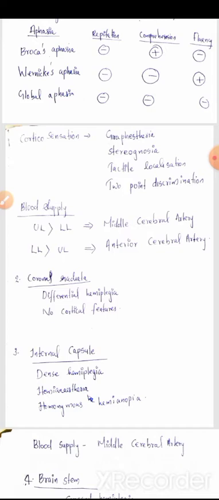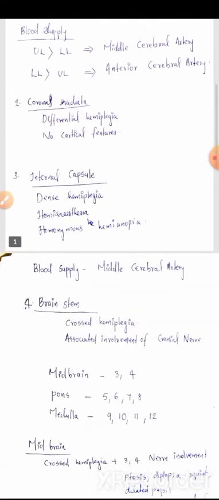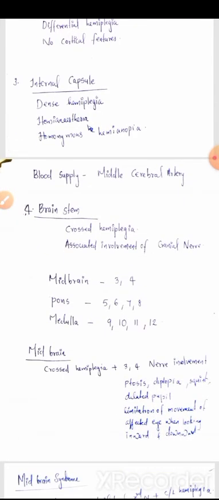Okay. Now coming to the internal capsule. In the internal capsule we have three things. There we have dense hemiplegia, since all the fibers are converging at one point. Then there will be hemianesthesia, and then there will be homonymous hemianopia.